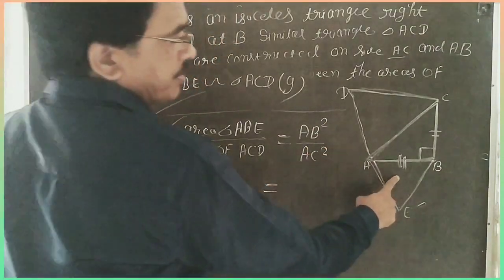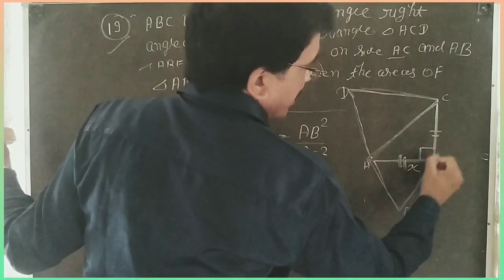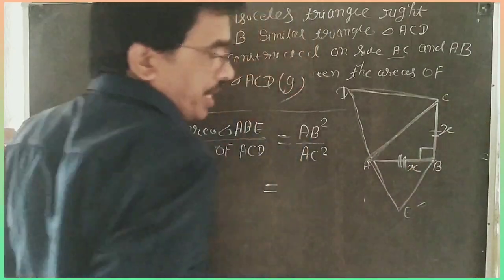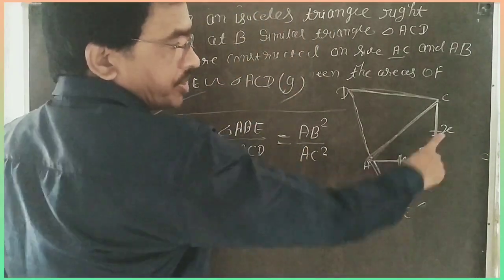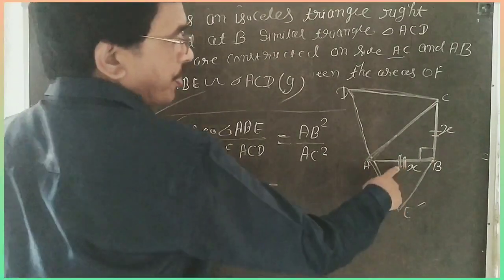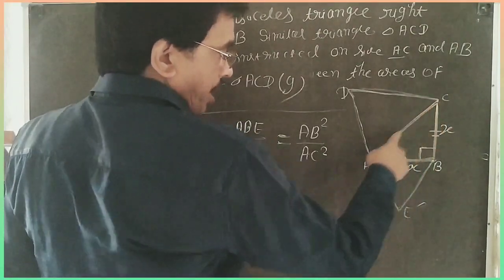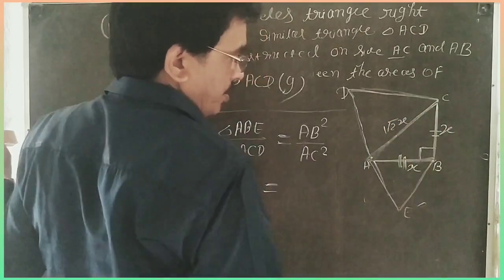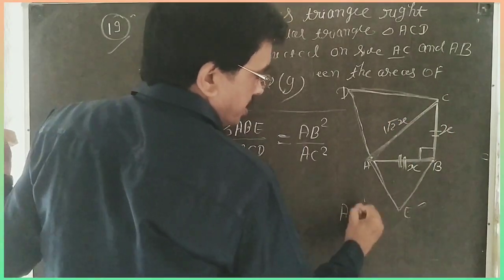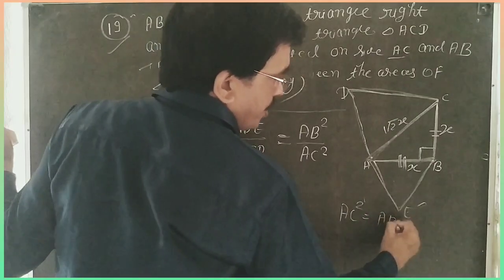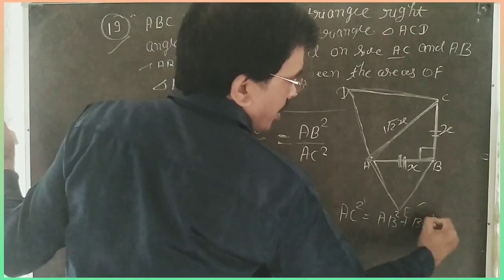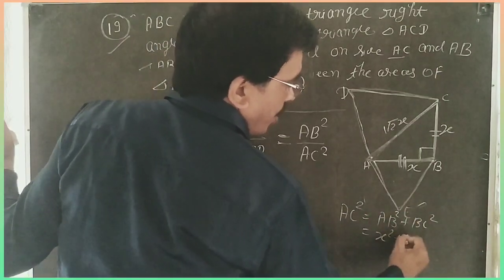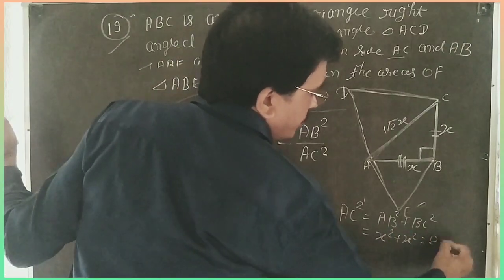Now from this figure, if AB is x, then BC is also x, because it is an isosceles triangle. If both are x and AC is the hypotenuse, then AC square is equal to AB square plus BC square, that is x square plus x square, which is 2x square.